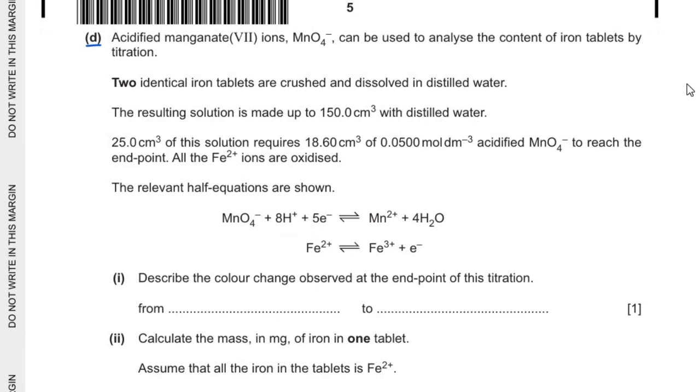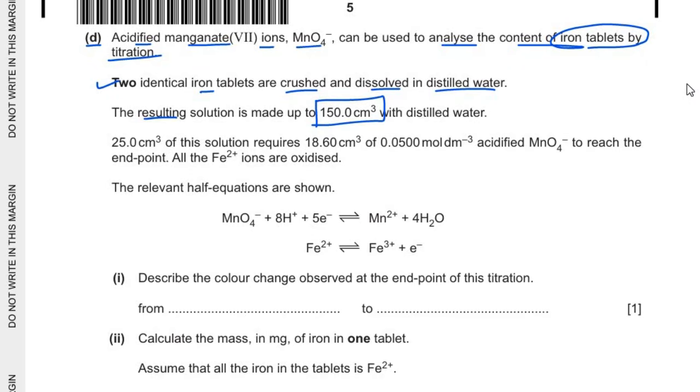Here D is: acidified manganate ions MnO4 minus can be used to analyze the content of iron tablets by titration. Now 2 identical iron tablets are crushed and dissolved in distilled water. The resulting solution is made up to 150 cm cube with distilled water.